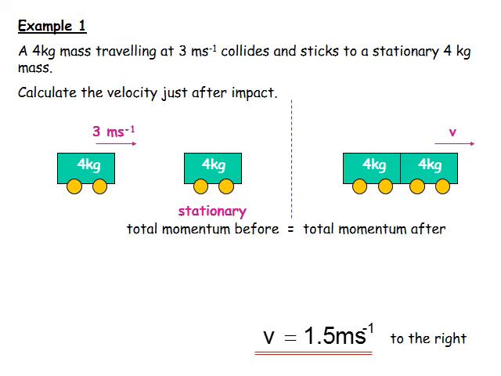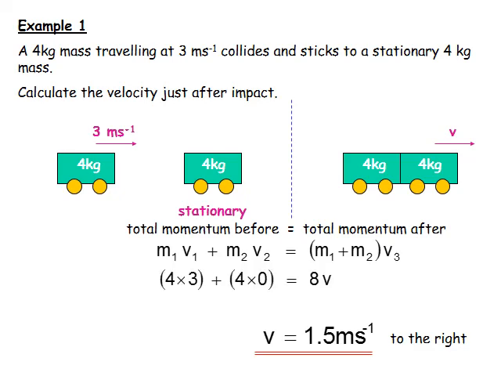So total momentum before is equal to the total momentum after. m1 v1 plus m2 v2 is equal to m1 plus m2 times v3. 4 times 3 plus 4 times 0 is equal to 8 times v.